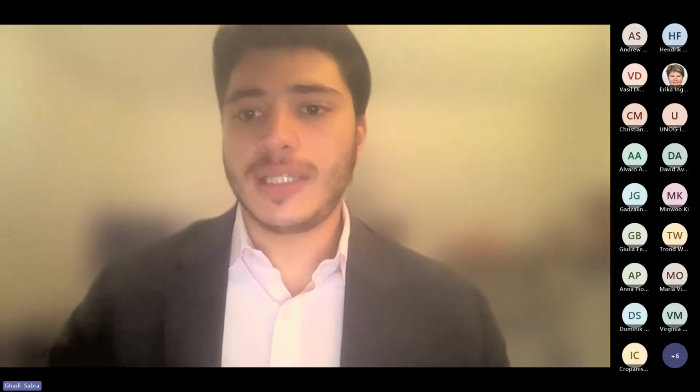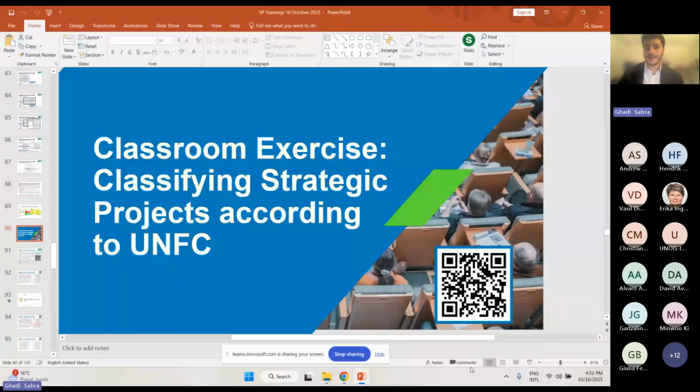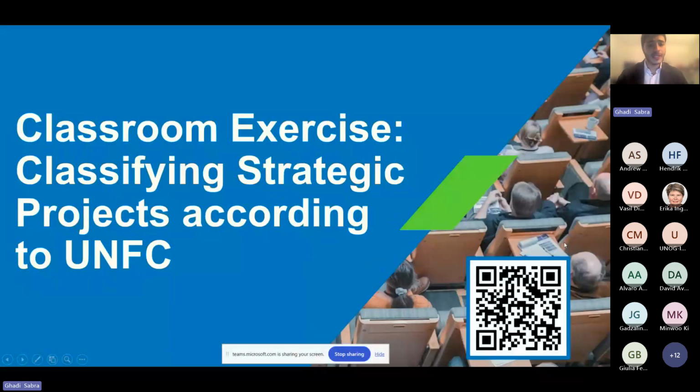So with all the theory that we have learned today, we will jump into the practicality of UNFC, with three classroom exercises on classifying your strategic project proposals according to UNFC. With that, I invite you to scan the QR code again to join the quiz or the exercise itself.